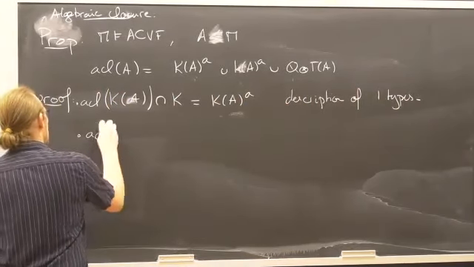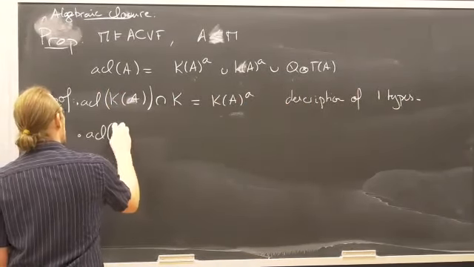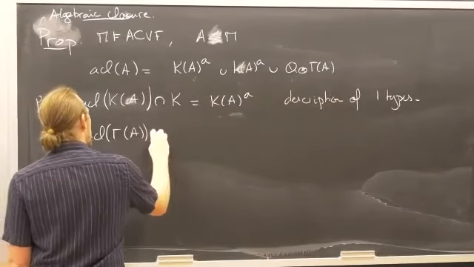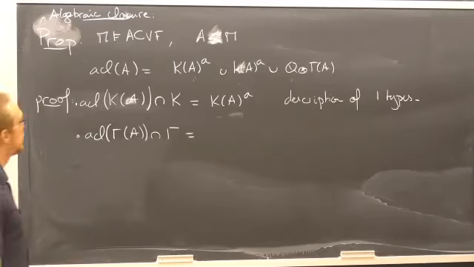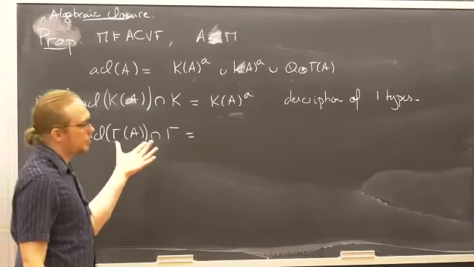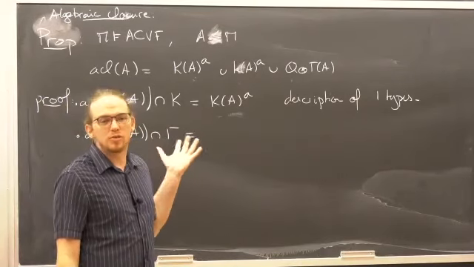You can compute the ACL of gamma A inside gamma. And this now essentially follows from what's here, because you have gamma points, and you know it's a pure divisible ordered abelian group.